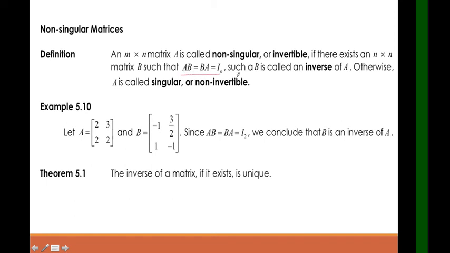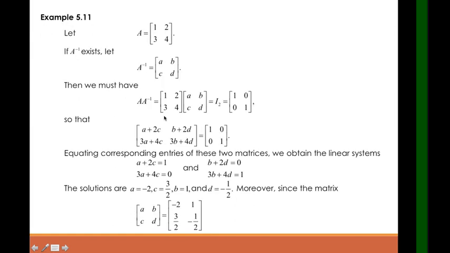Ayan. So, in this portion, yan siya, no? So, eto yan. I hope you know paano to nakuha. 1 times A is A, 2 times C is 2C. So, di ba ina-add yan? 1 times B is 1B, 2 times D is 2D. 3 times A is 3A, 4 times C is 4C, 3 times B is 3B, 4 times D is 4D.